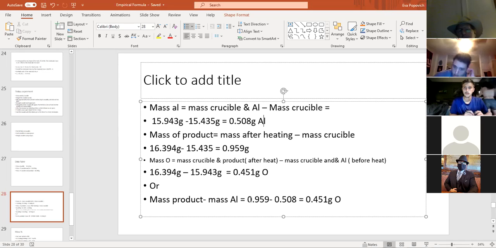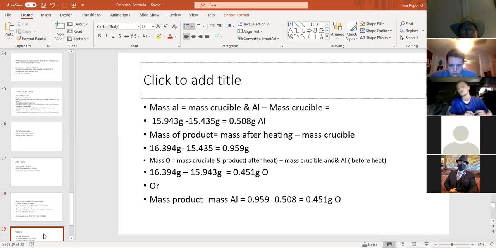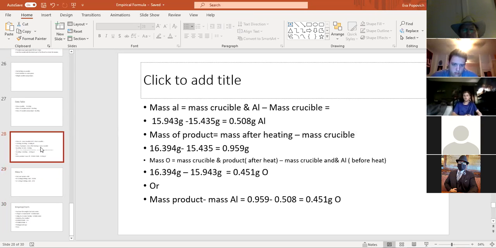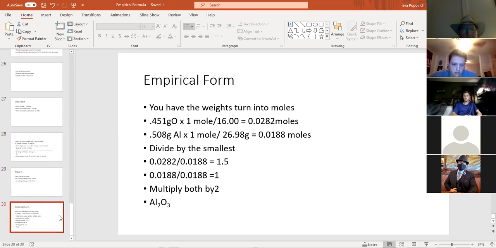I'm going to take my grams of oxygen, multiply it by 1 mole over the atomic weight. Okay? So that gives me 0.0282 moles of oxygen, 0.0188 moles of aluminum.